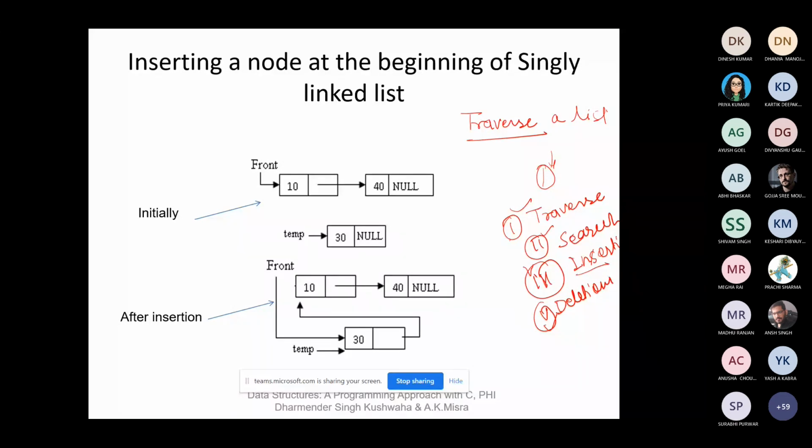So you can say you have to print all the elements of the list. How can you traverse all the elements in the list? Is there any idea how we can traverse all the nodes in a list?